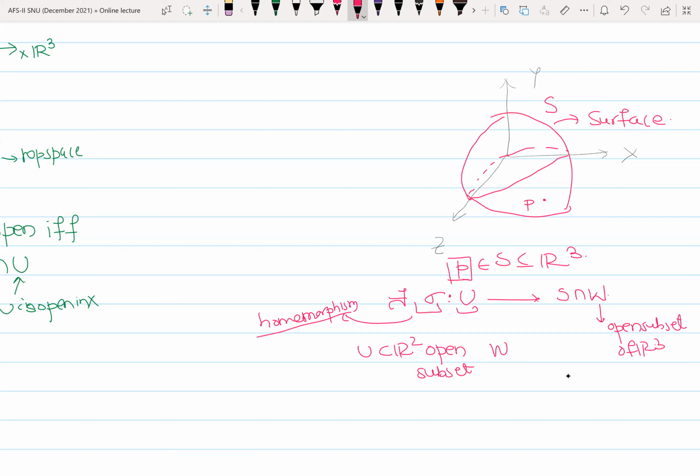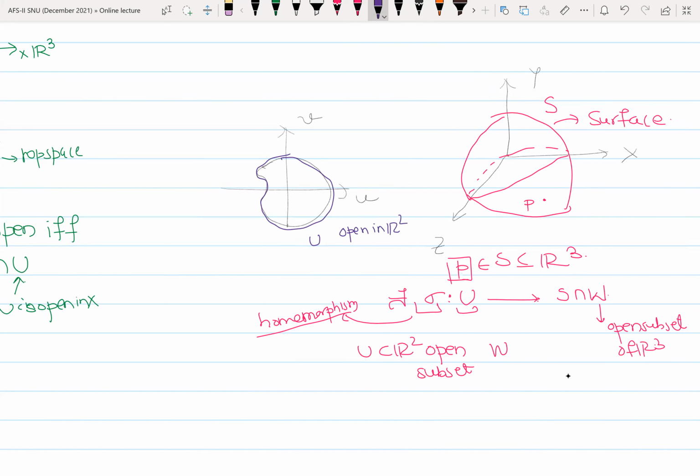If you want to draw a diagram, here we are inside R3, but we have to go inside R2 because this open set U is inside R2. So this is my U, which is open in R2.